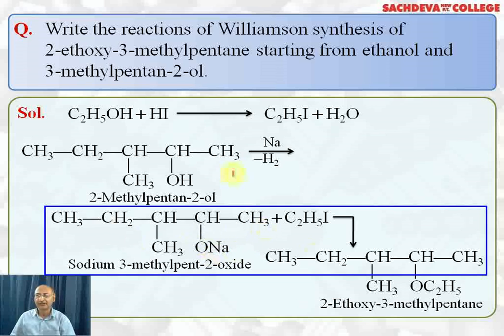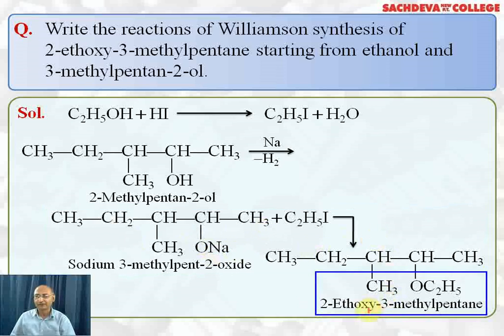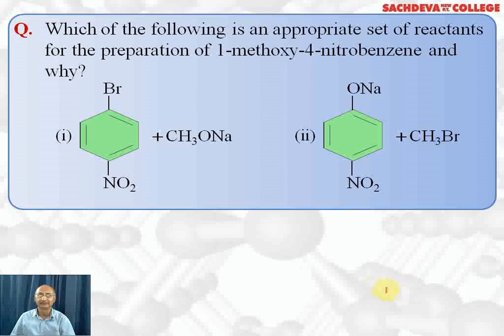This will react with C2H5I, and the product formed will be the ether 2-ethoxy-3-methyl pentane. So this step is Williamson synthesis. We have the sodium salt of an alcohol reacted with an alkyl halide to get the ether 2-ethoxy-3-methyl pentane.